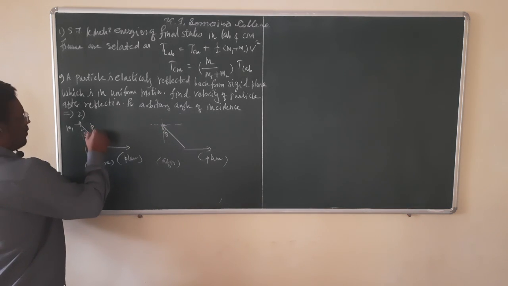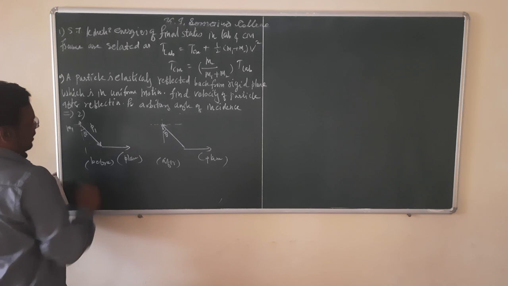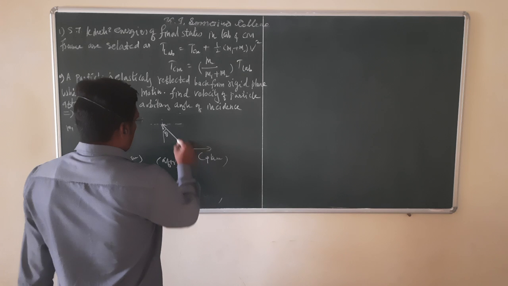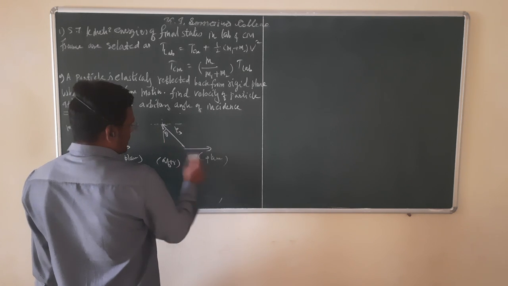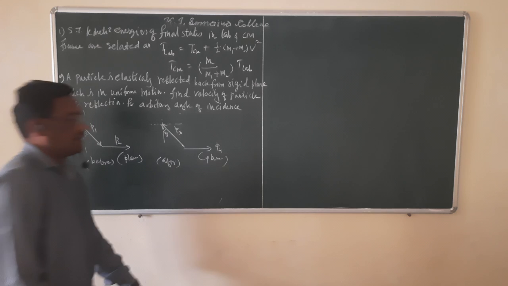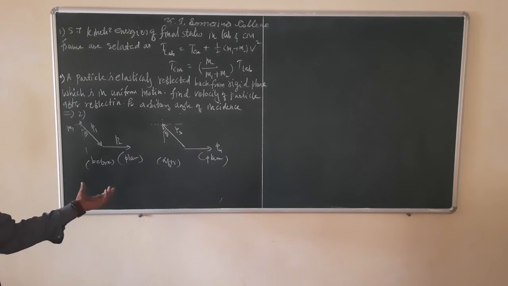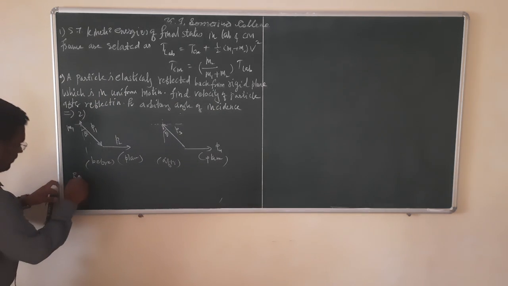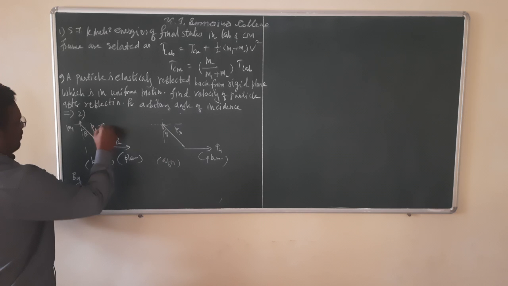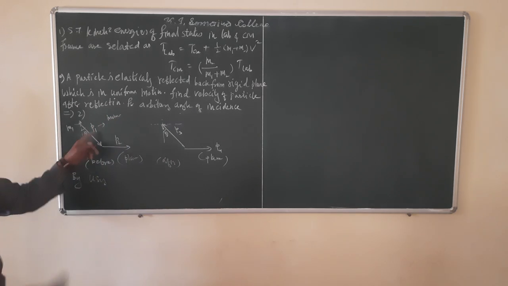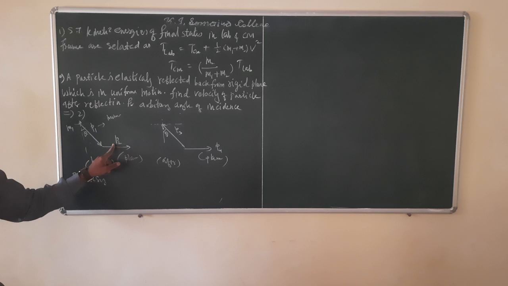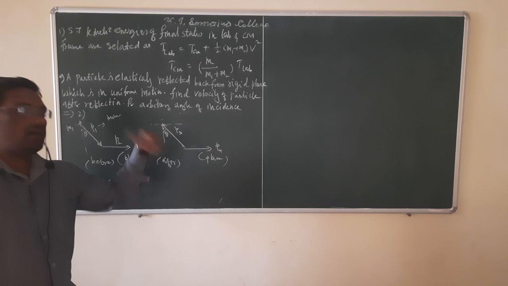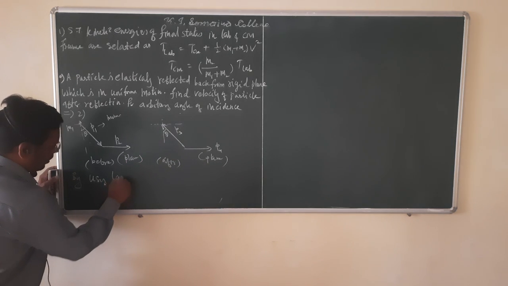Suppose P1 is the momentum of the particle before scattering and P2 is the momentum of the plane before scattering. Here P3 is the momentum of the particle after scattering and P4 is the momentum of the plane after scattering. So we can apply the law of conservation of momentum, since the scattering is elastic.